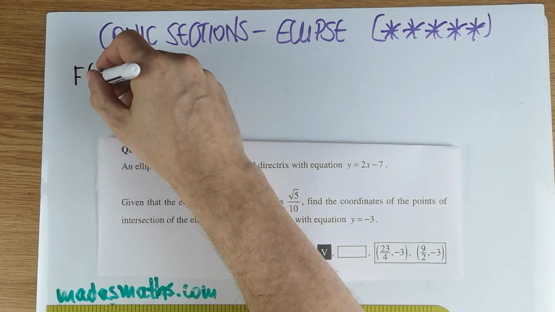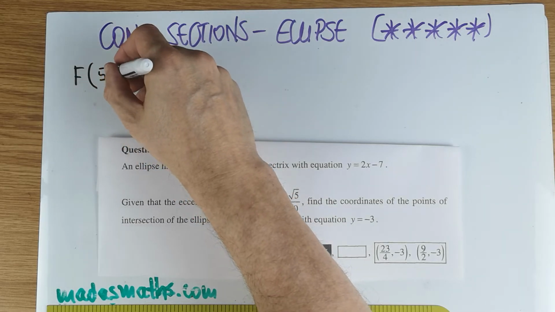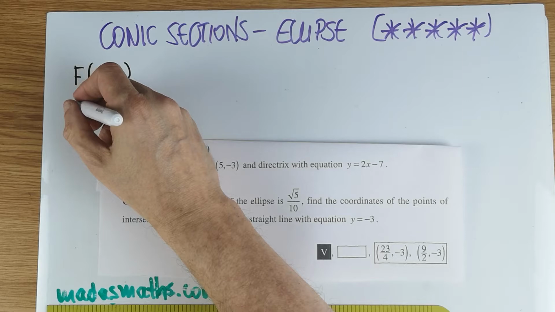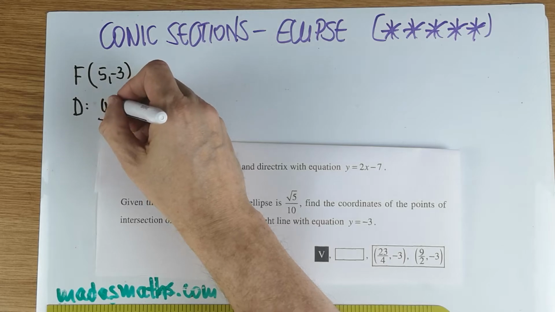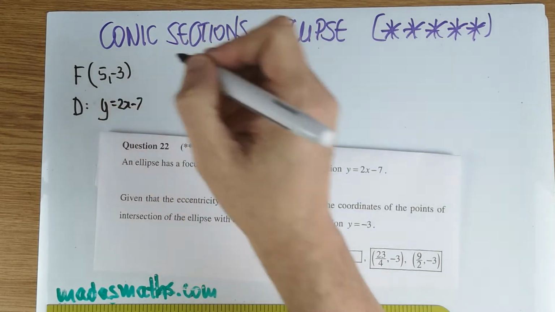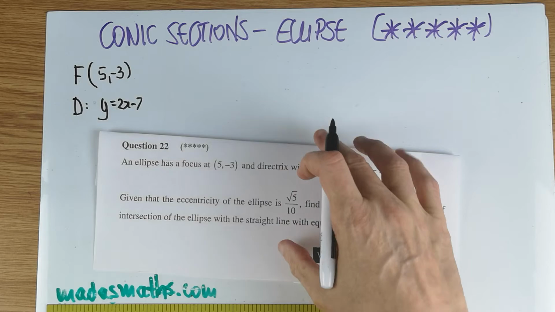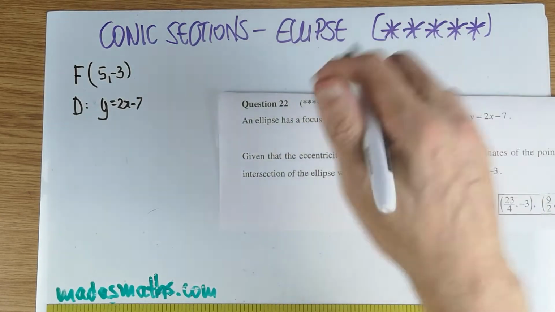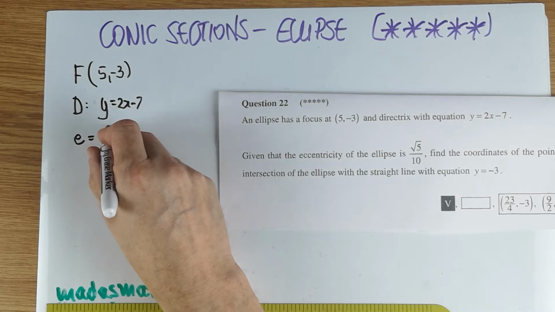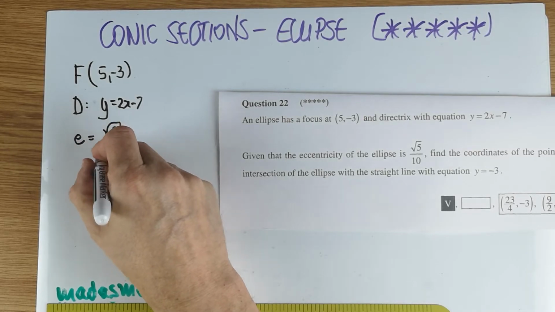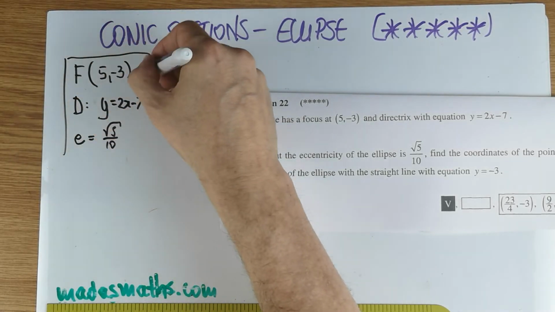Of course, an ellipse has 2 foci, and that's one of them. And the directrix has equation y = 2x - 7. And the eccentricity, little e, is root 5 over 10. So those are the givens.